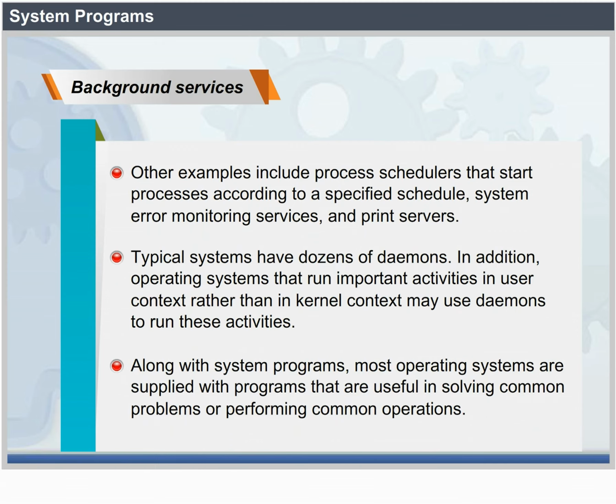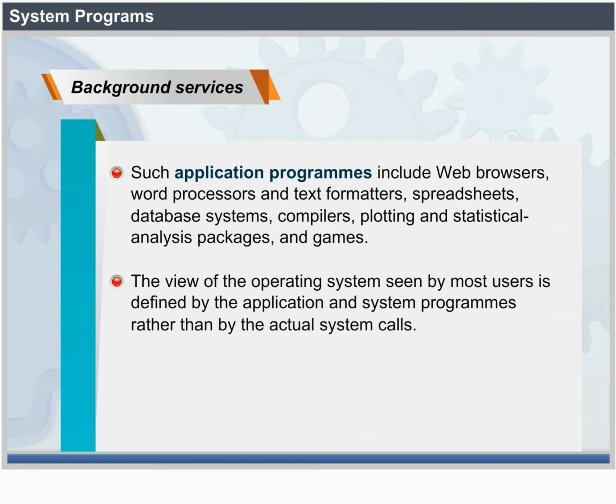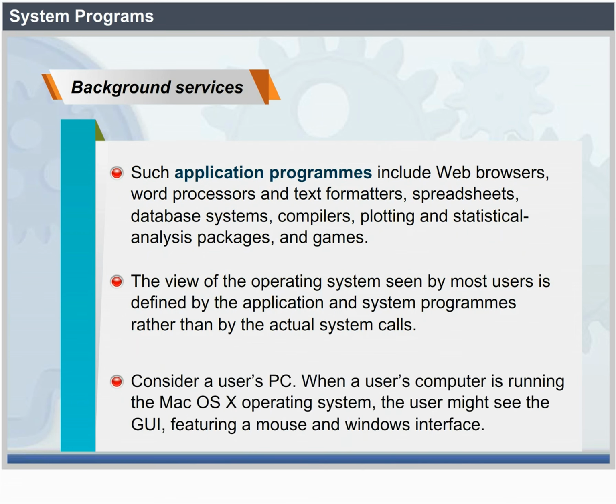Such application programs include web browsers, word processors, text formatters, spreadsheets, database systems, compilers, plotting and statistical analysis packages, and games. The view of the operating system seen by most users is defined by the application and system programs rather than by the actual system calls. Consider a user's PC. When a user's computer is running the Mac OS X operating system, the user might see the GUI featuring a mouse and windows interface.